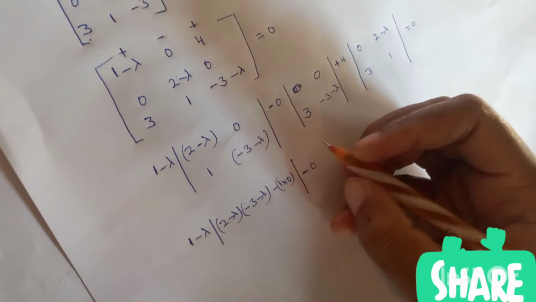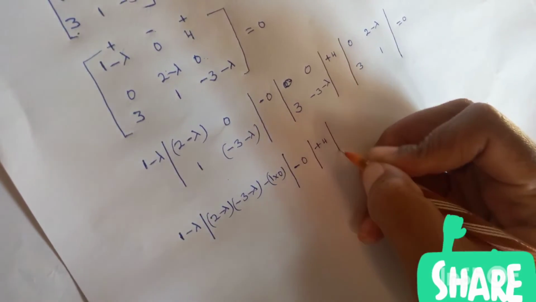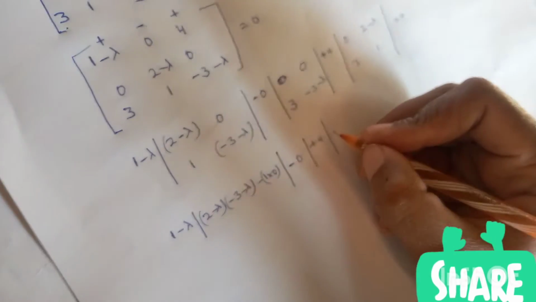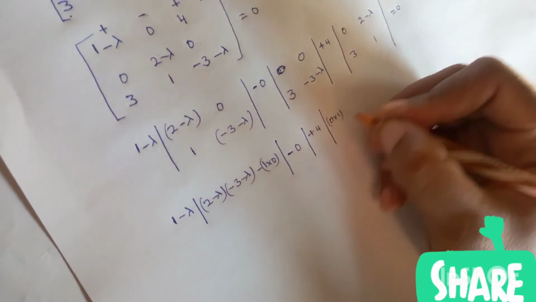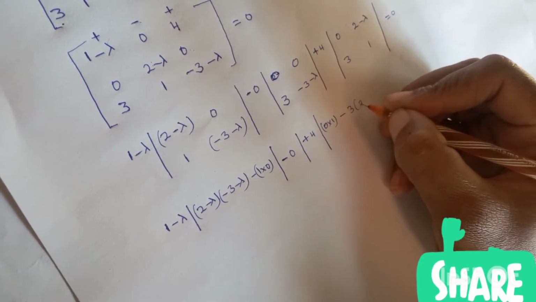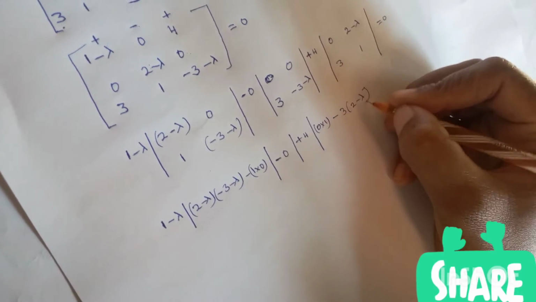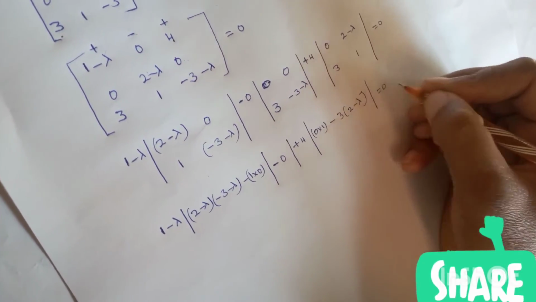So minus 0 plus 4 times (0 times 1 minus 3, 2 minus alpha) equals 0.